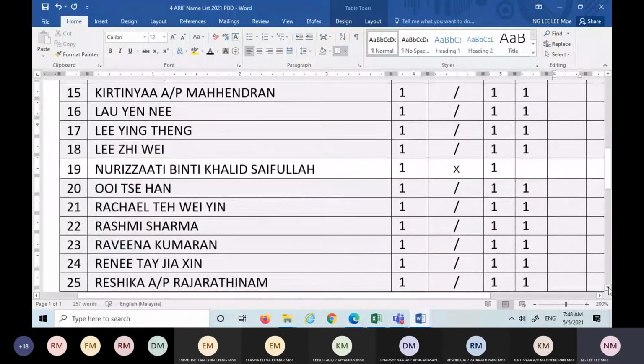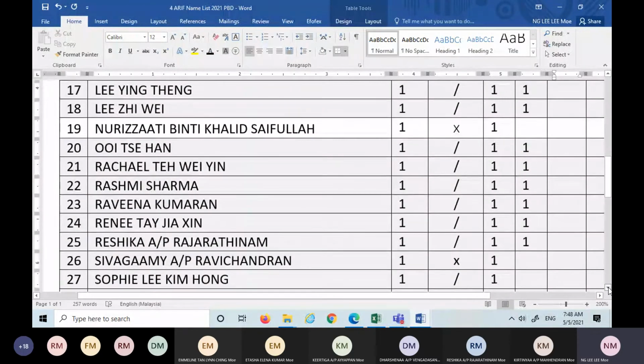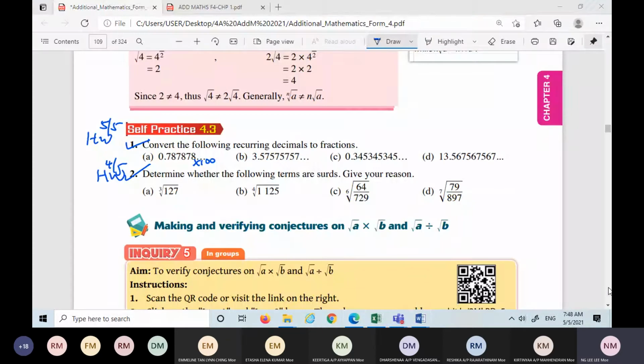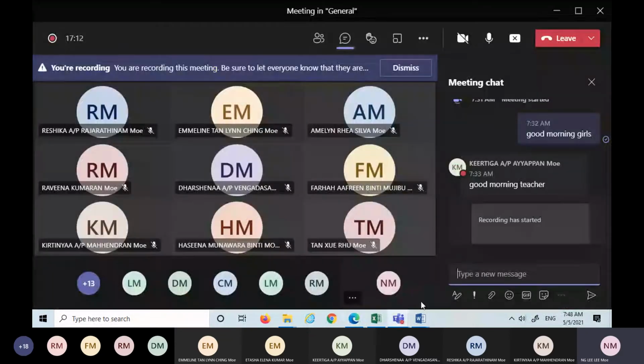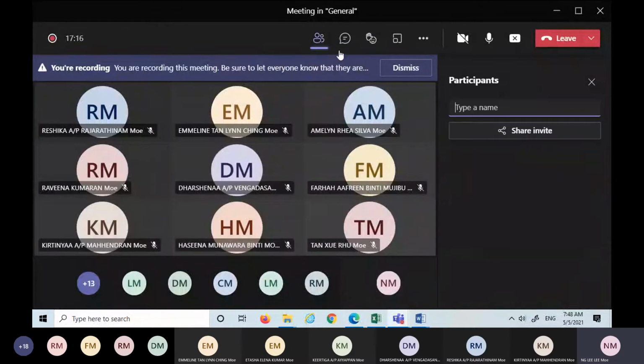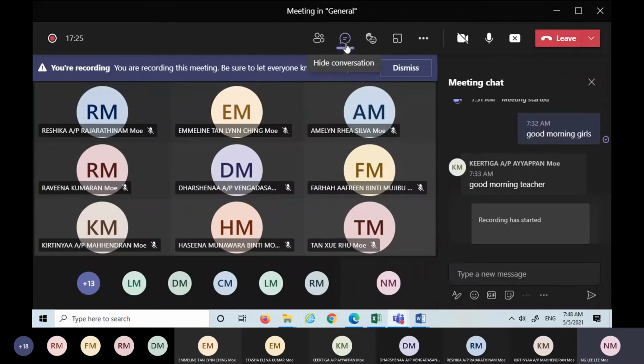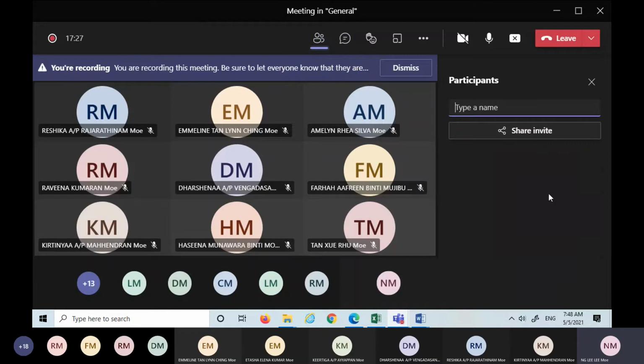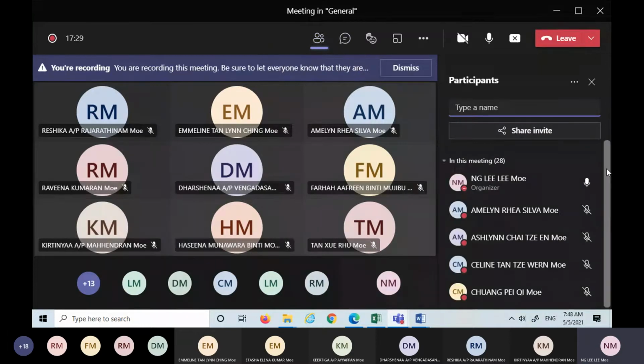Is Izati here? I don't know what's wrong with my screen. When I go to the list, I can't see the list.